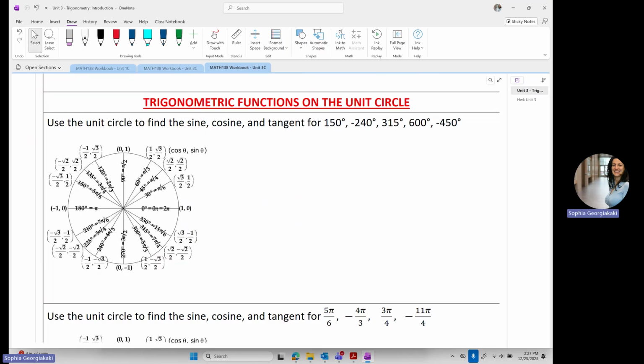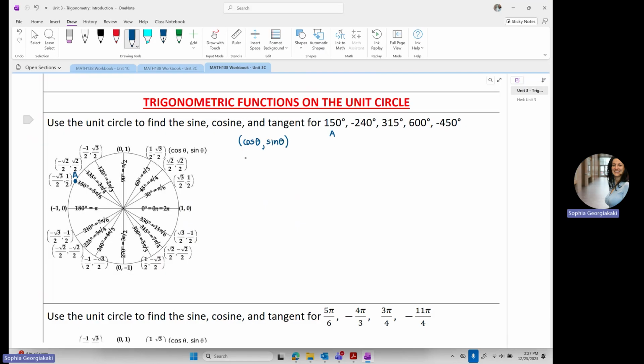So if I am at 150 degrees, let's call this point A. Point A will be right here. Remember that from our packet, cosine of theta will be your x-coordinate and sine of theta will be your y-coordinate.